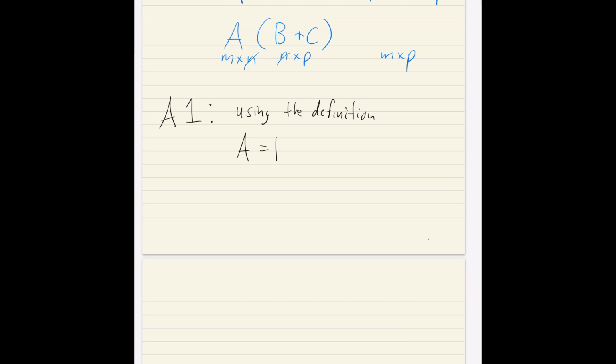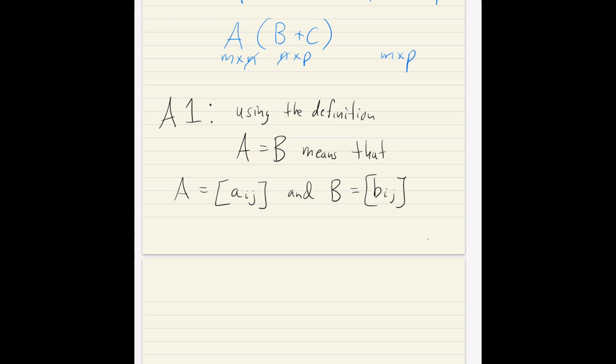Using the definition, A equals B means that for A, and this is called an IJ argument, just breaking up a matrix A into all of its elements in row i, column j. So that just represents every number in the matrix. And B is equal to Bij.